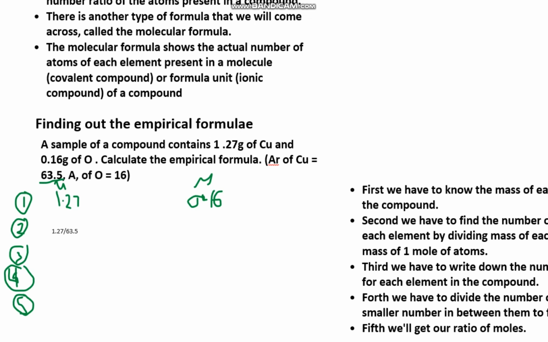So we have to do this division, and we have to do it here also. So we'll do 0.16 divided by 16, which is oxygen's relative atomic mass, and you just increase the size of this.